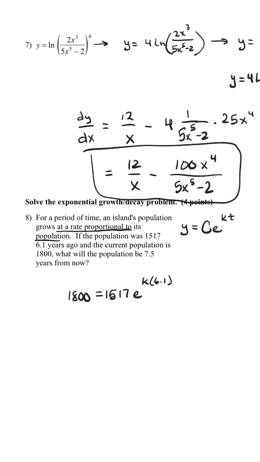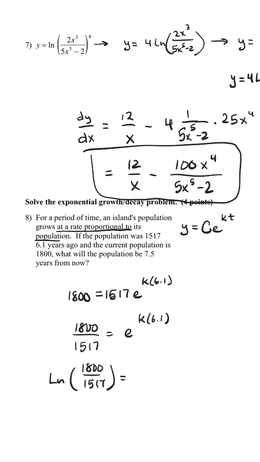So we isolate the exponential term by dividing by that coefficient. Then use natural log to cancel the base e exponential. If we use a natural log here, then the e is going to cancel with the natural log, leaving k times 6.1.